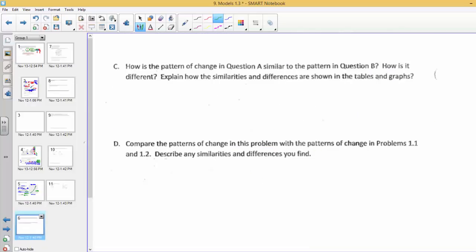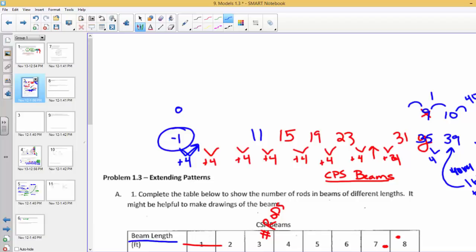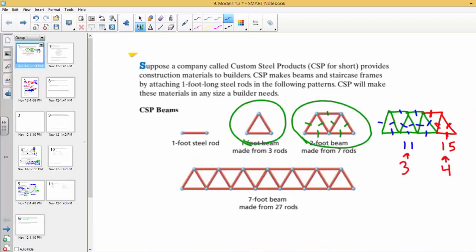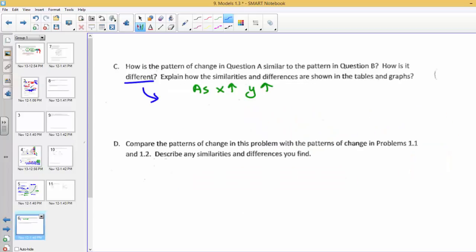So how are these patterns similar? Well, they're both increasing. As x increases, y increases. So you might want to think of something different to write. How is it different? The stairs, what was that first one called? The beams, you're constantly adding 4, so it was a linear pattern.